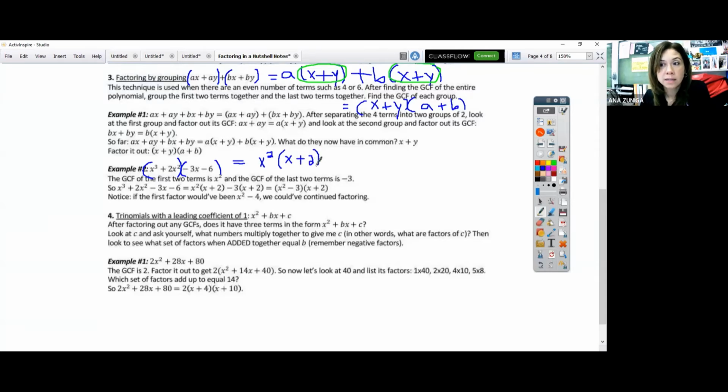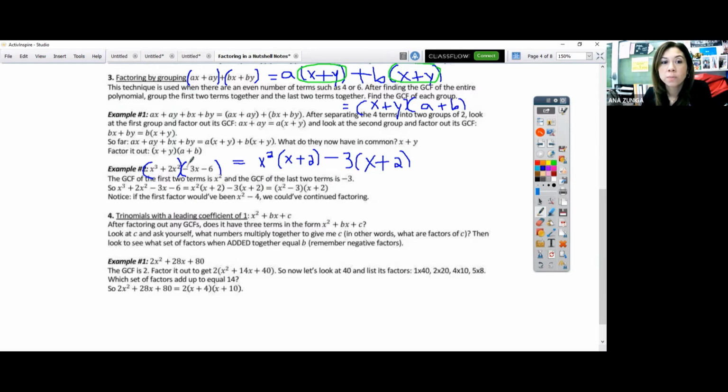Then I come to the second group. They're both divisible by -3. I factor out -3 and I'm left with x plus 2. And some of you might be like, why are you left with x plus 2? There's a minus here. Yes, but -6 divided by -3 is +2.